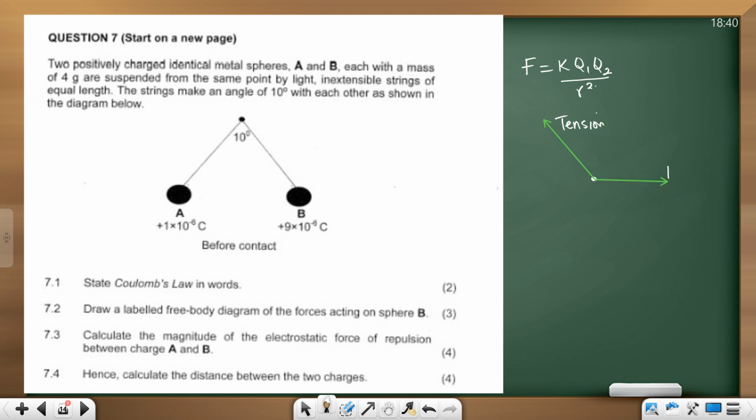That is with an electrostatic force. We just call it Fe. But then it's an object, a charged metal sphere. It must have a weight. And that is your weight, Fg, which is equal to mg.